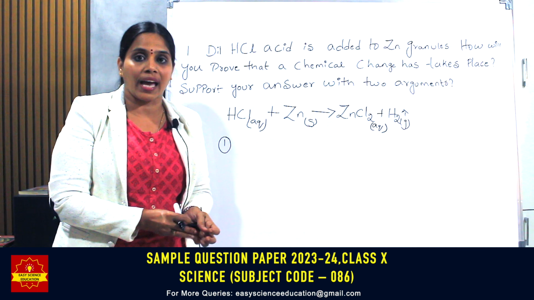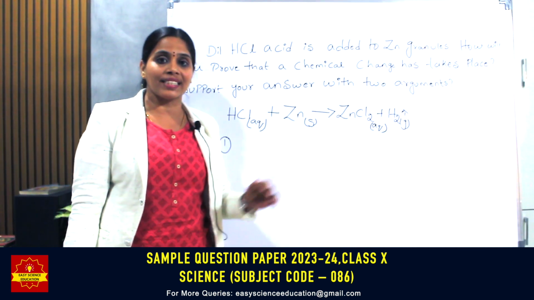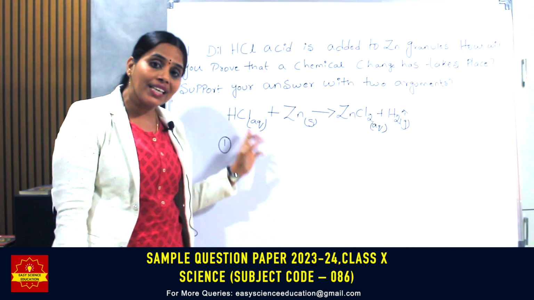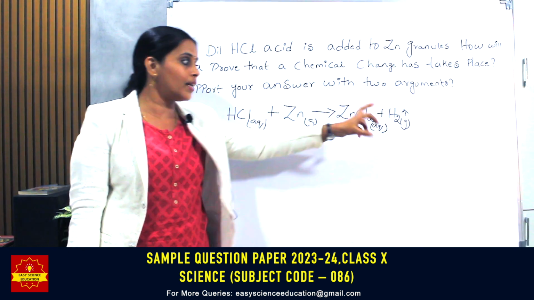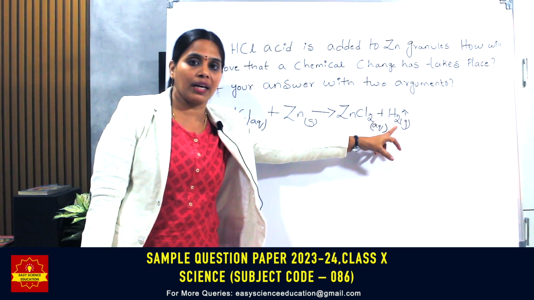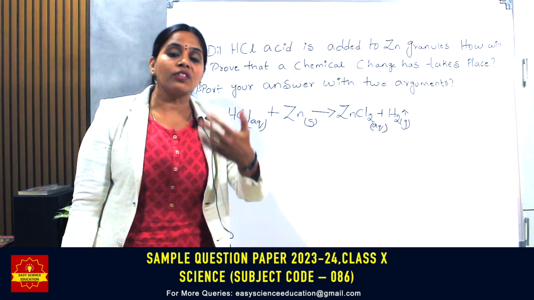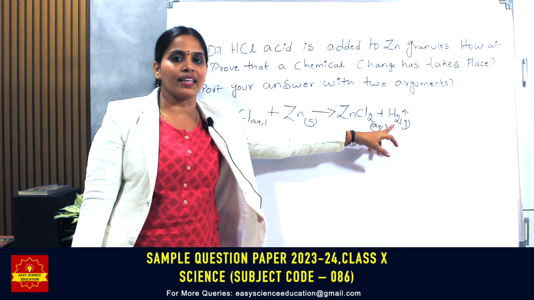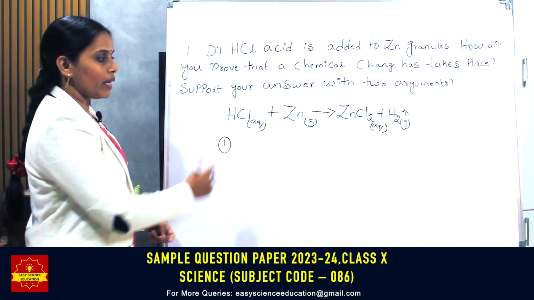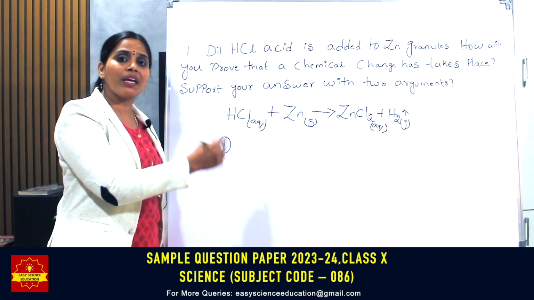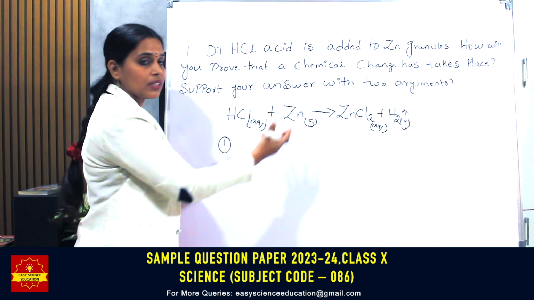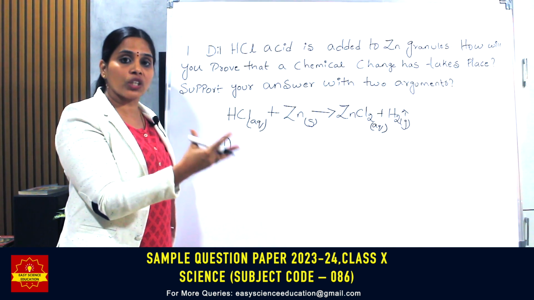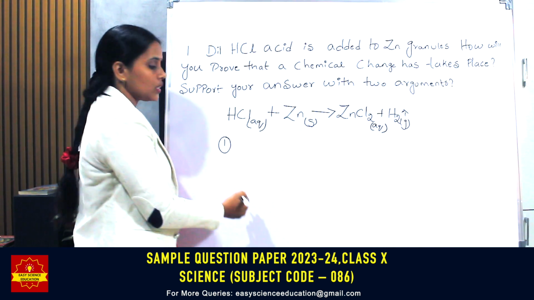Initially there is no gas, but after adding zinc granules to hydrochloric acid, hydrogen gas is liberated. As gas is liberated, this is an example of a chemical reaction. A new substance is formed; in a chemical reaction, a new substance is always formed.